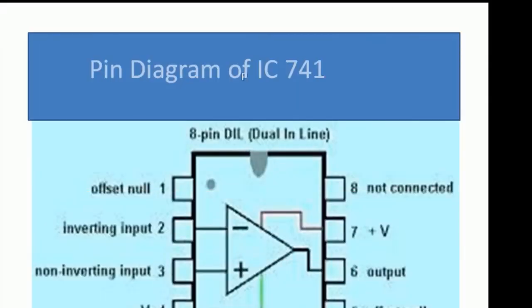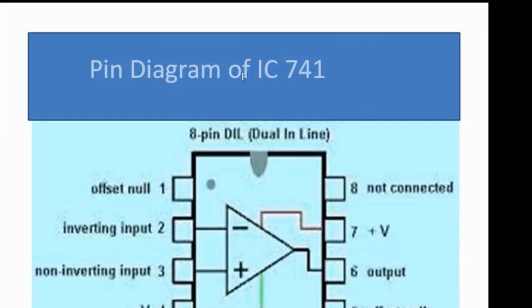This IC 741 is available in dual inline package, which is the most popular, and it has 8 pins. The pin functions are: pin number 1 is the offset null, pin number 2 is the inverting input, pin number 3 is the non-inverting input, pin number 4 is the negative supply, pin number 5 is the offset null, pin number 6 is the output, pin number 7 is the positive supply, pin number 8 is not connected.